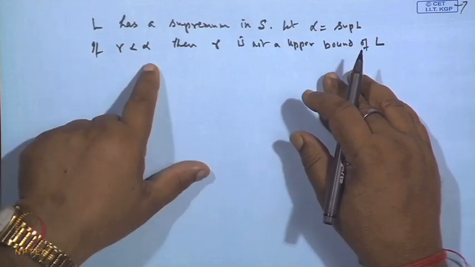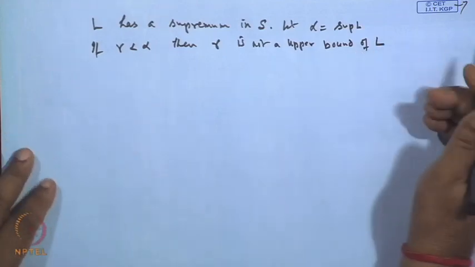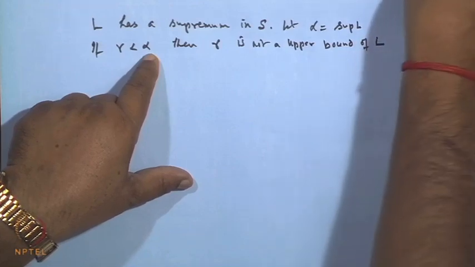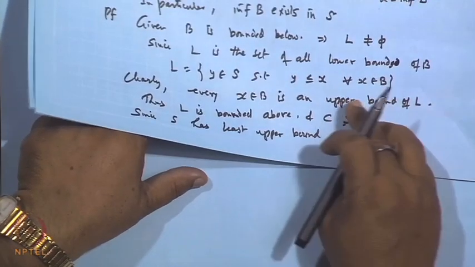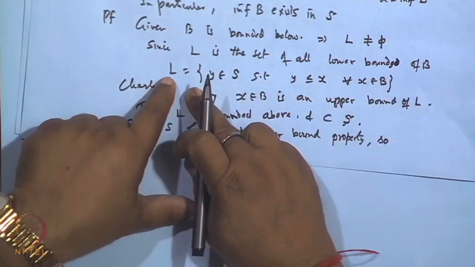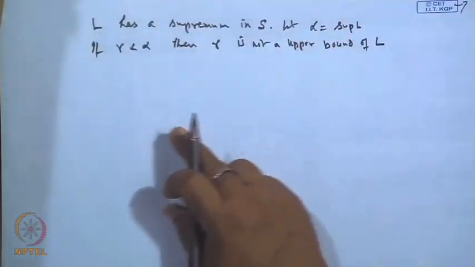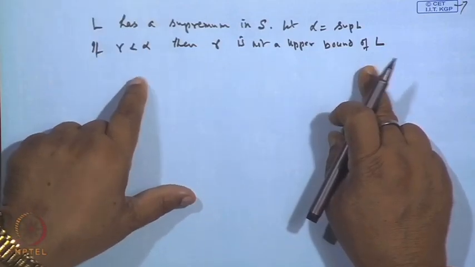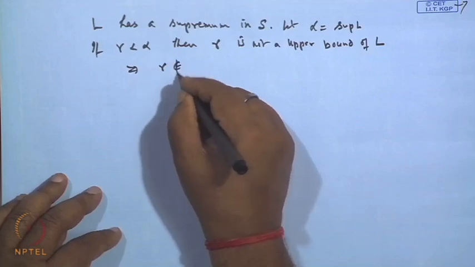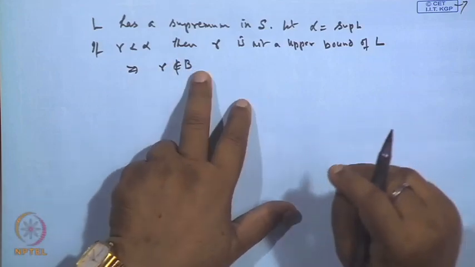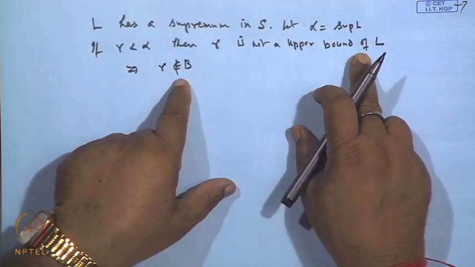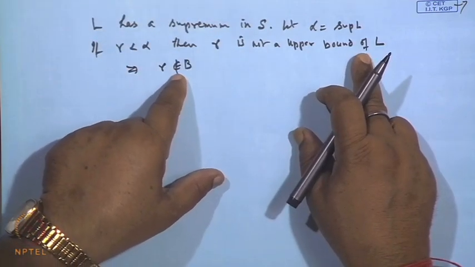So, if gamma is less than alpha, it cannot be an upper bound. Hence, what is our B? B is the set of those points such that every point of it is an upper bound for L, and here gamma is not an upper bound for L. So, obviously, gamma cannot be a point in B, because all the points of B must be upper bounds, which we have shown, but gamma is not an upper bound of L. Therefore, gamma cannot be a point of B.